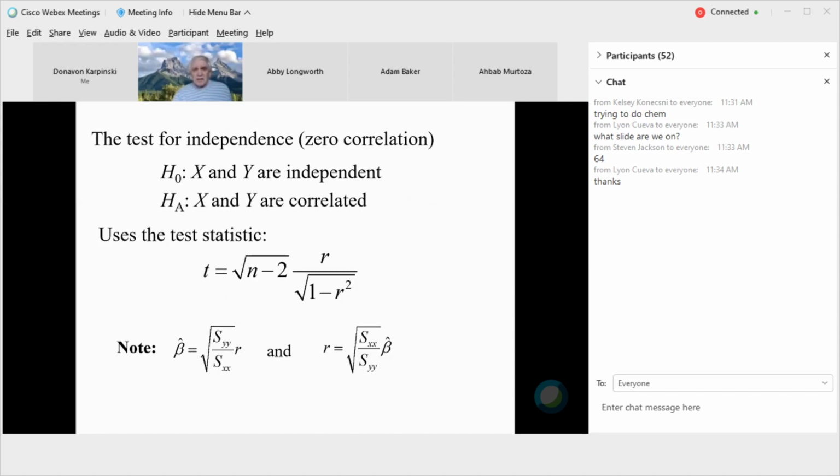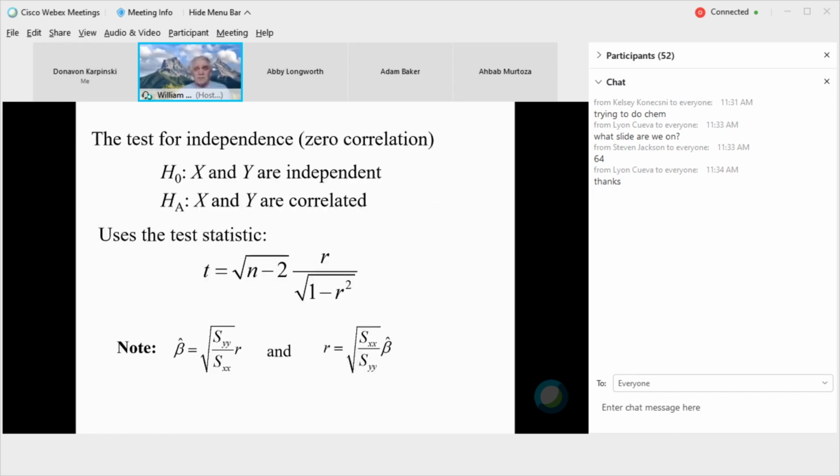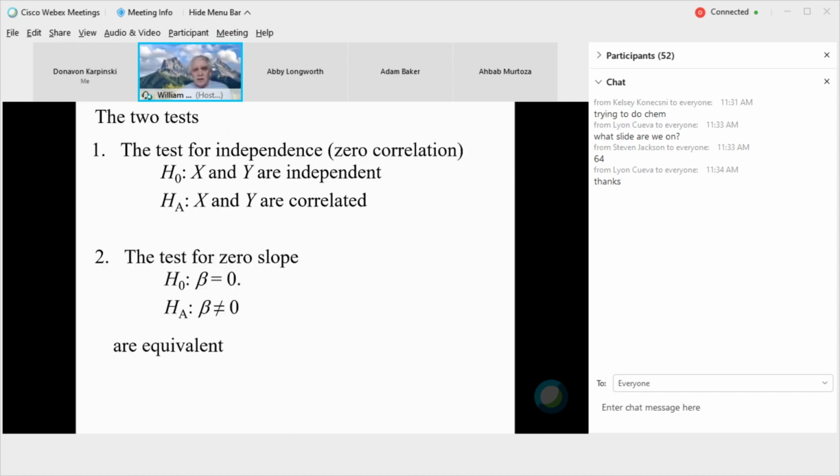The test for independence. There's the test statistic for testing for independence. Remember that beta hat is just the square root of SYY over SXX times R. R is the square root of SXX over SYY times beta hat. The two tests are exactly the same test. This is the test for zero slope.